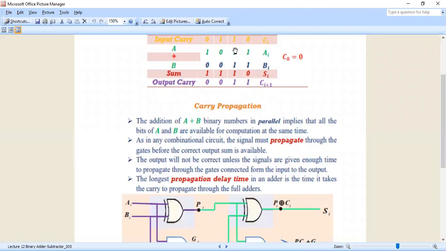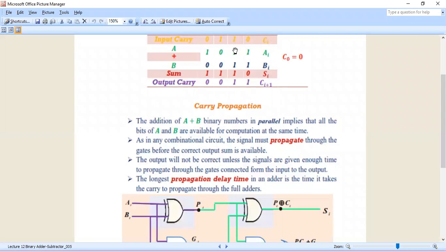So it will take some time to produce that carry output. That time is known as propagation delay time. So carry is propagating from one full adder to the next full adder. That is, during the cascading, when the output from one full adder goes as input to another full adder, there must be some delay.